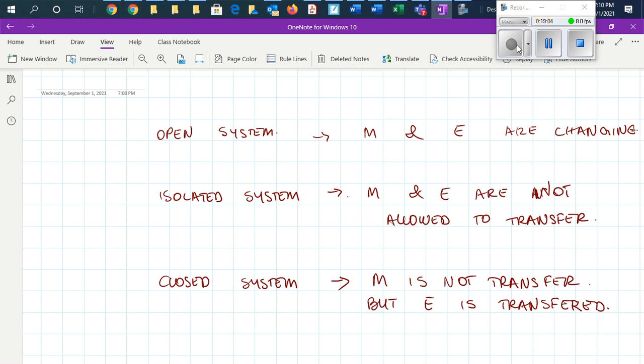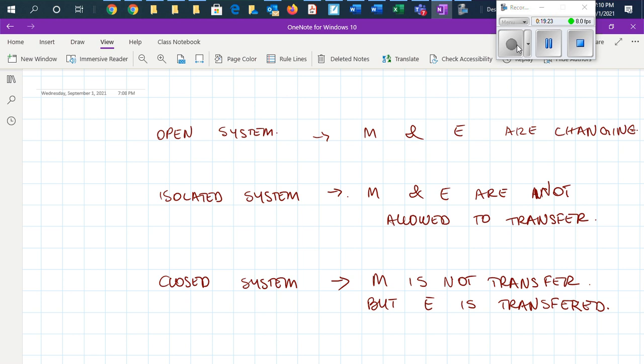So just keep in mind that an open system ideally doesn't exist, or an isolated system ideally exists, but actually in reality doesn't exist, because mass and energy are transferring from one part to the other. But it depends on how we see it.